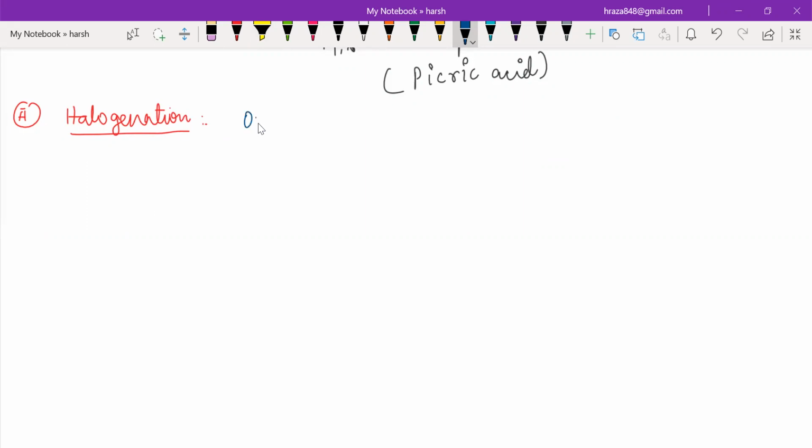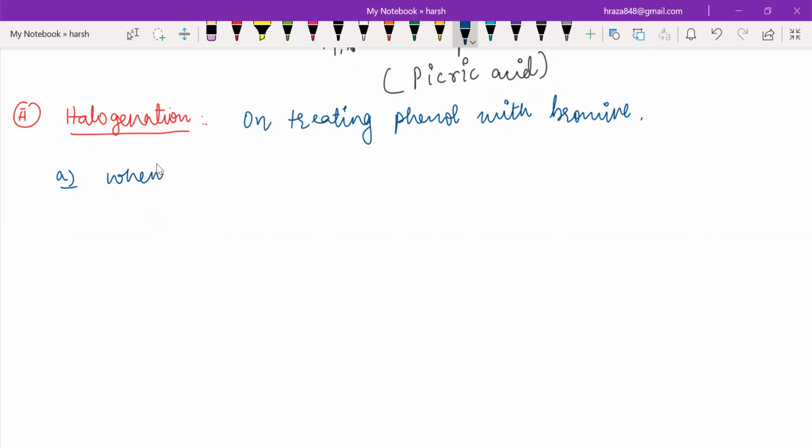Basically, first of all, we are going to treat this phenol with bromine. So I'm going to write a point on treating phenol with bromine. When the reaction is carried out, different types of compounds will be formed depending upon the condition.